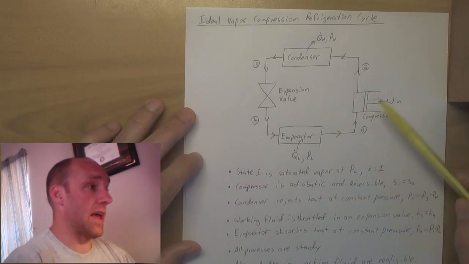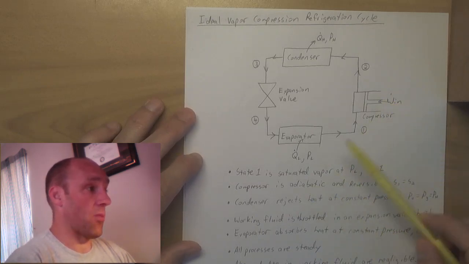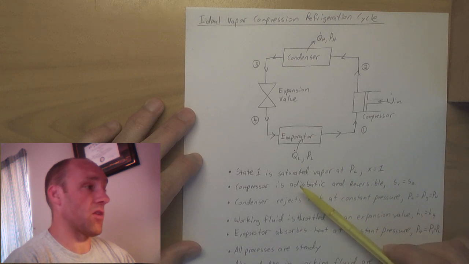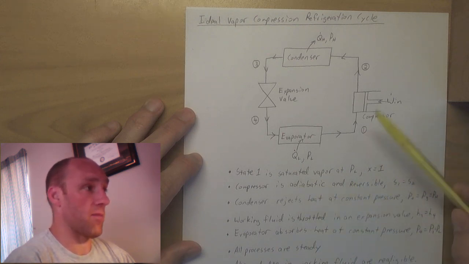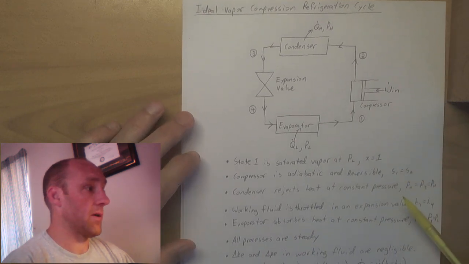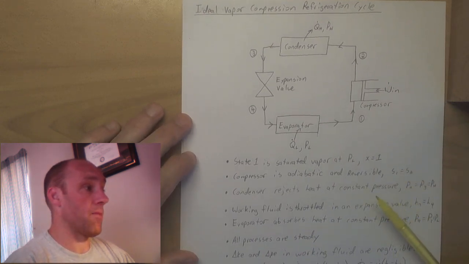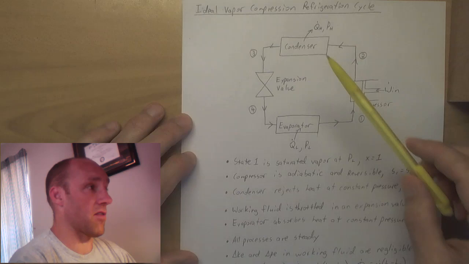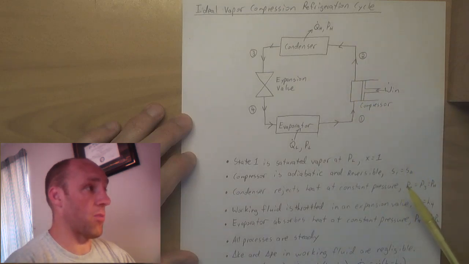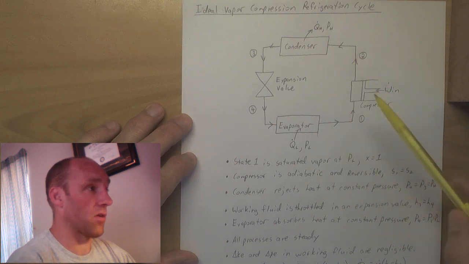All right, it gets compressed. The compressor, just like we just discussed, is adiabatic and reversible, which means that the entropy stays constant between states 1 and 2. The condenser rejects heat at constant pressure, so that means that the pressure at state 2 equals the pressure at state 3 equals the high pressure.